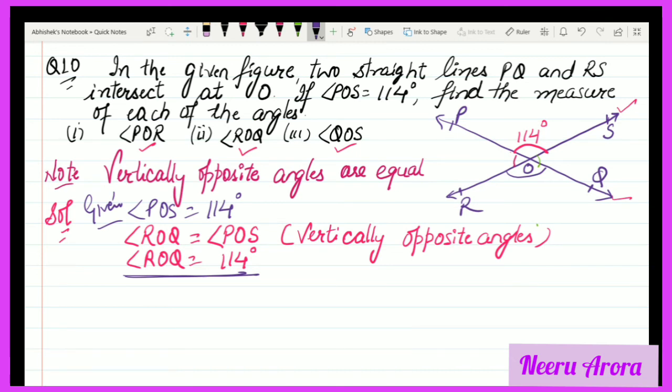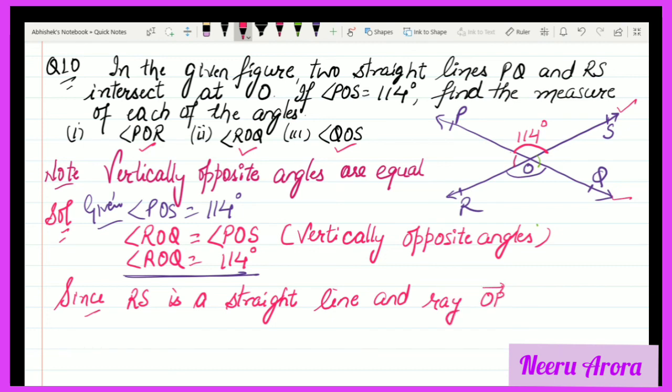Now next, since RS is a straight line and ray OP stands on it, we can see that angles POR and POS are two adjacent angles.